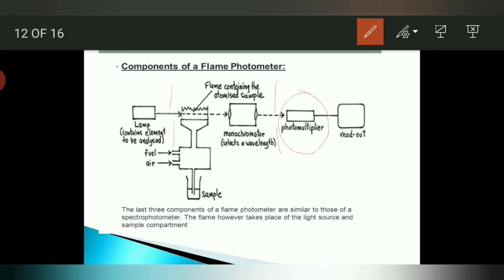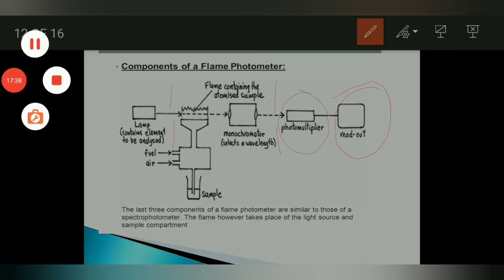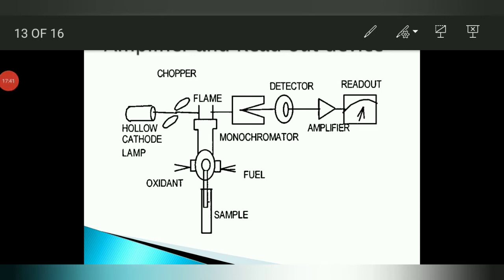The next is the detector gives the data to the amplifier, and finally we get the result in the form of a readout device. So the instrumentation of FES is: hollow cathode lamp used here, then chopper, then flame, then introduction of the sample into the flame, finally the monochromator. The monochromator gives the wavelength of light signal to the detector, the detector gives the information to the amplifier, and finally the readout device gives the spectral information of flame emission spectroscopy.